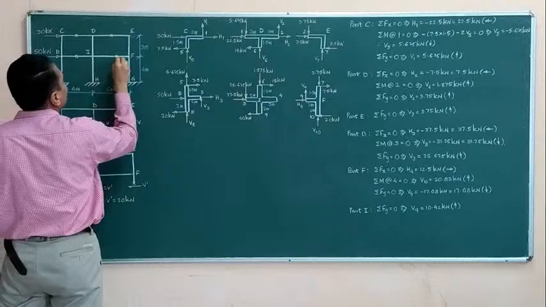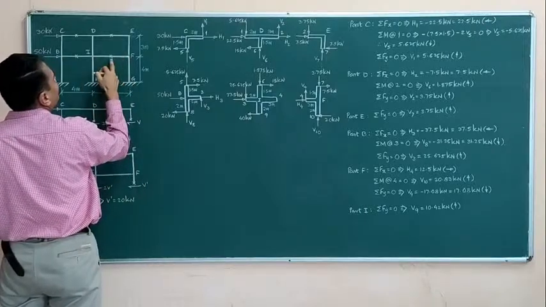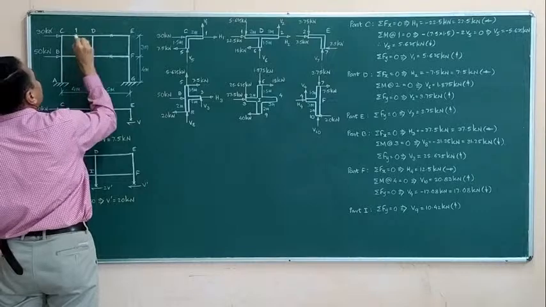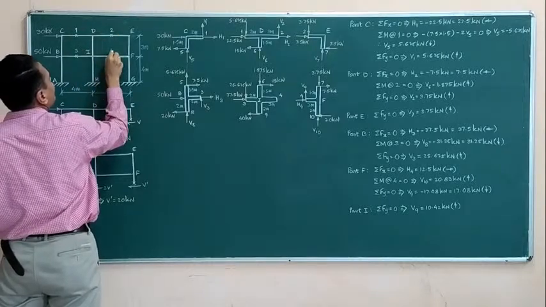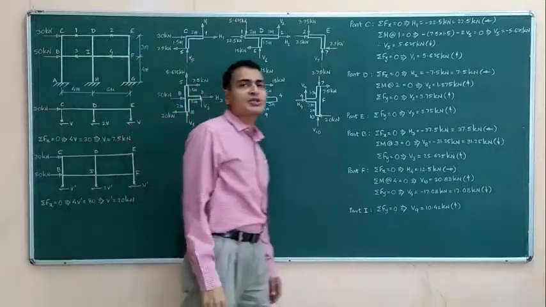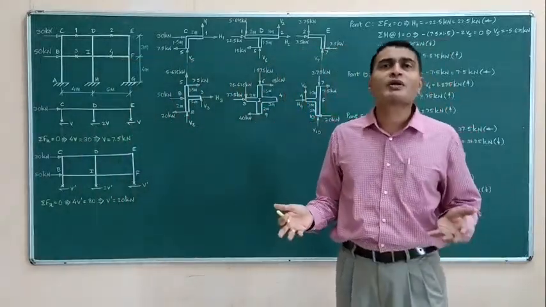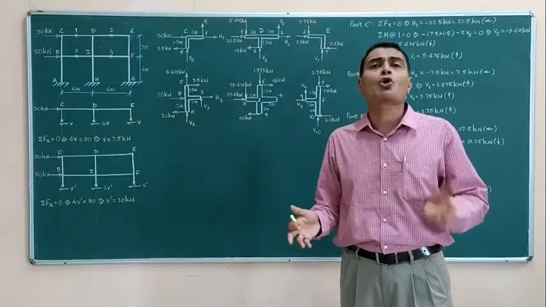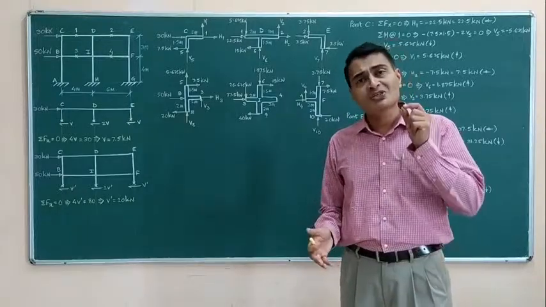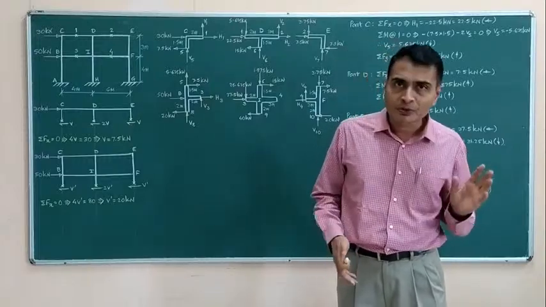One more in the beam BIF, one more here. Let me number these as 1, 2, 3, 4. So these are points of contraflexure. Point of contraflexure means where the bending moment changes its nature from sagging to hogging or hogging to sagging, and obviously at a point of contraflexure bending moment is 0.